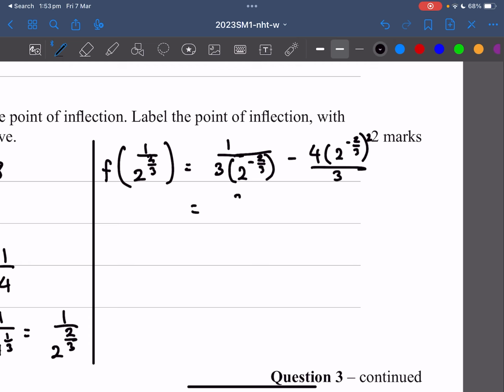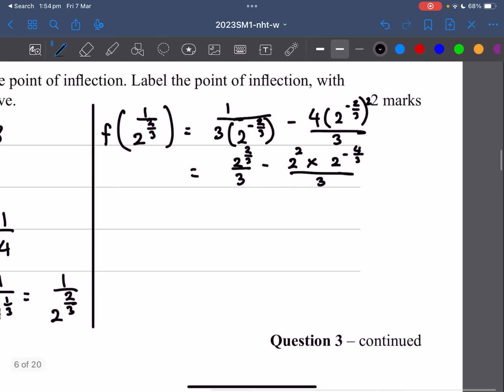And we can express this as 2 to the power of 3 on 3, and then take away, how do we do this? Oh yeah, we can write 4 as 2 to the power of 2, times 2 to the power of minus 4 on 3, all over 3, right?